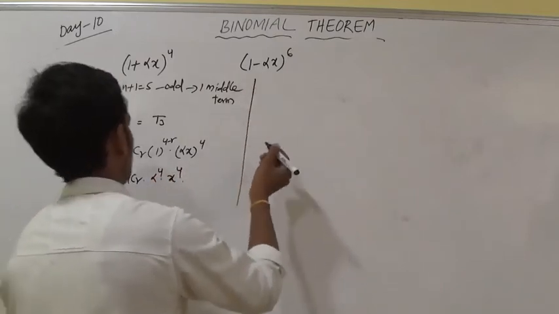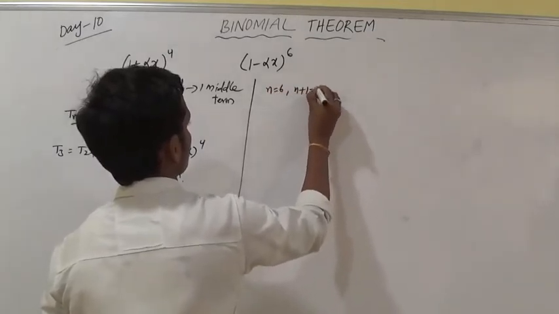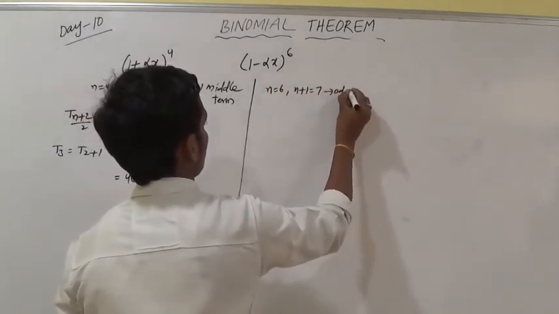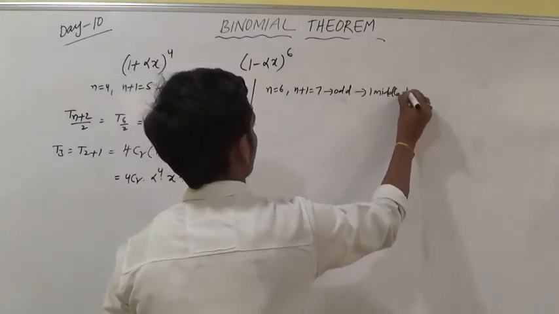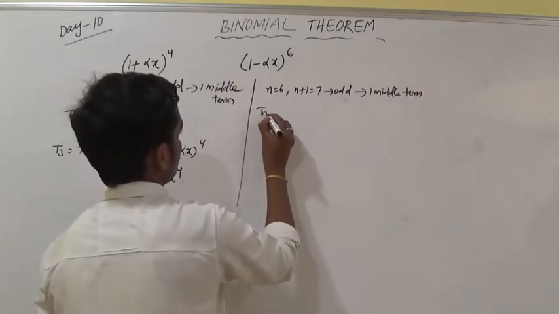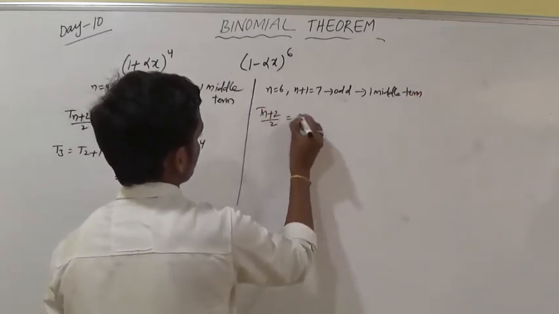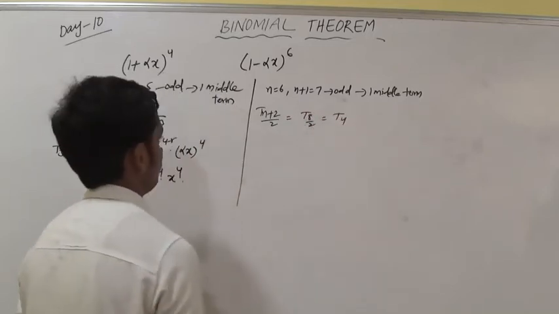The same way, now here n is equal to 6, n plus 1 is equal to 7, odd, 1 middle term. So T of (n plus 2) by 2 is equal to T of 8 by 2 is equal to T4.